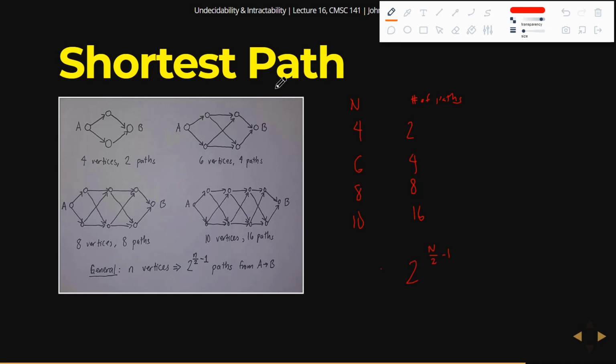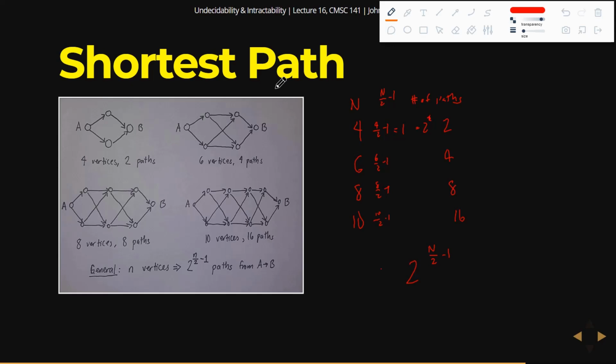So what is n over 2 minus 1 in this case? N over 2 minus 1 here is 4 over 2 minus 1, this is 6 over 2 minus 1, 8 over 2 minus 1, 10 over 2 minus 1. Oh no, 4 over 2 minus 1 is 1, not 2.